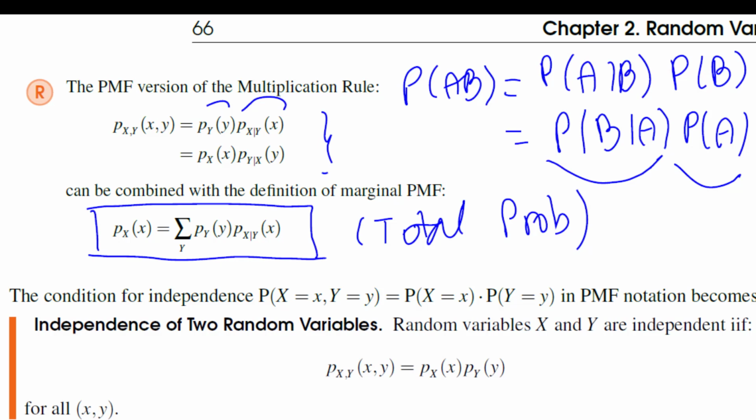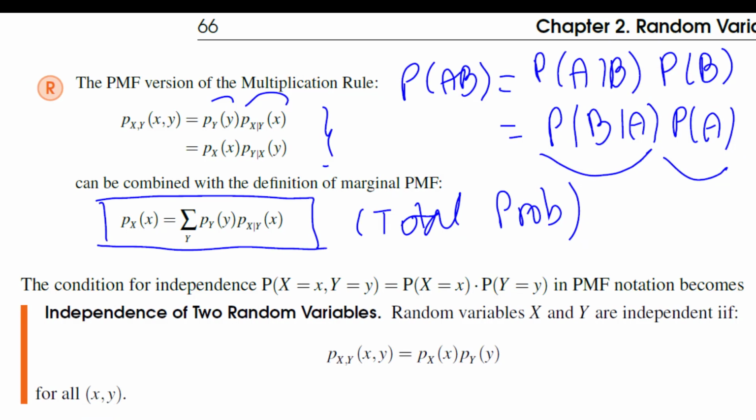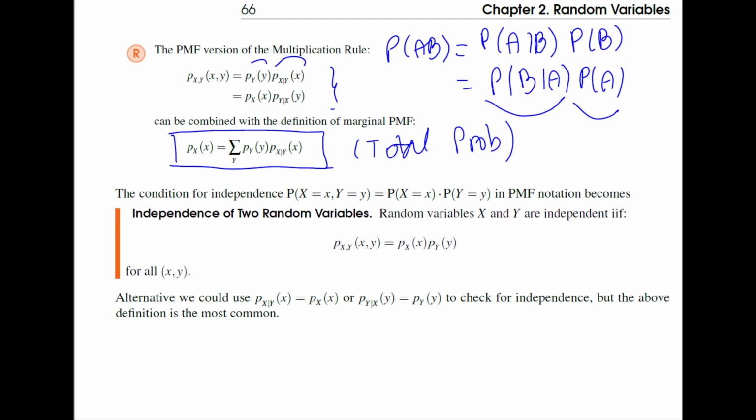Okay, now let's talk about independence. And again, I hate to repeat the same sentence first, always, but in chapter 1, we already know that independence is, the intersection of two events. They're independent if it is the product of their individual probabilities, right?